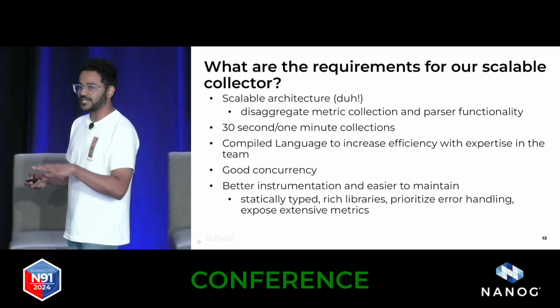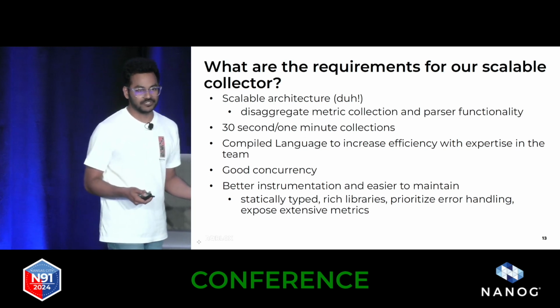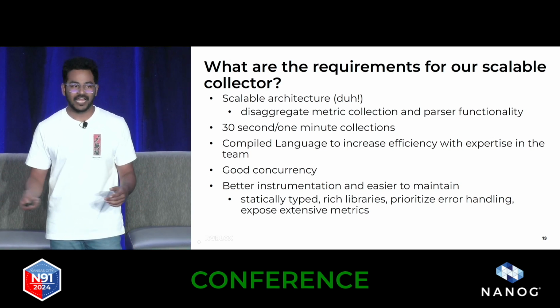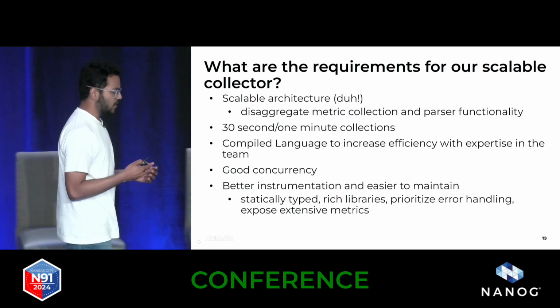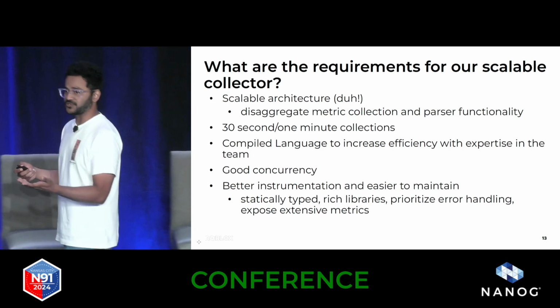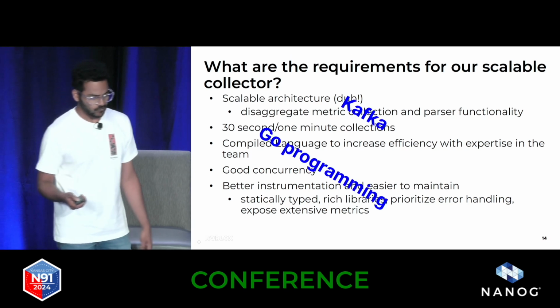We propagate the error so that it shows clarity in the code and it's easier to debug. And as I said, expose extensive metrics, maybe for application health, but also profiling metrics so that you can see the performance of how the system is doing.